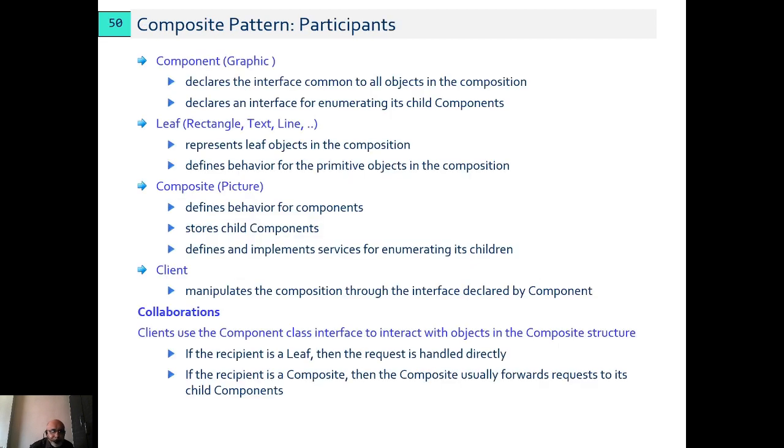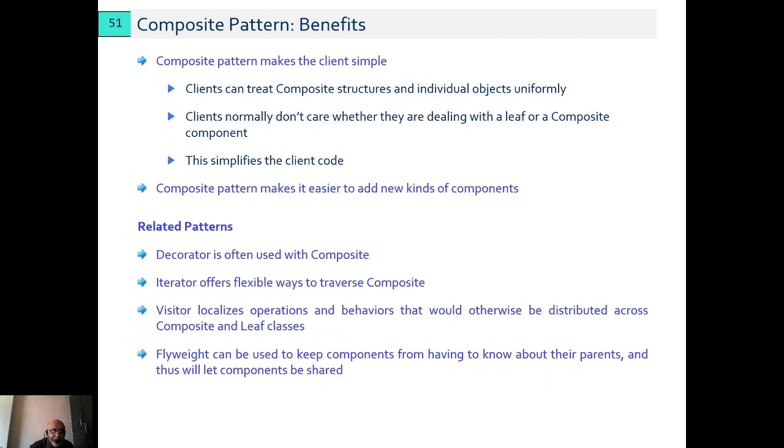So this is just the textual elaboration of the composite pattern. The major advantage is it simplifies the client code because you only have to access the component, right, and then the composite will be made available.